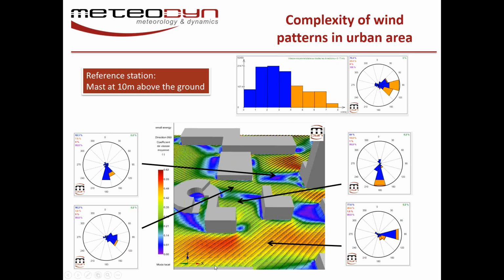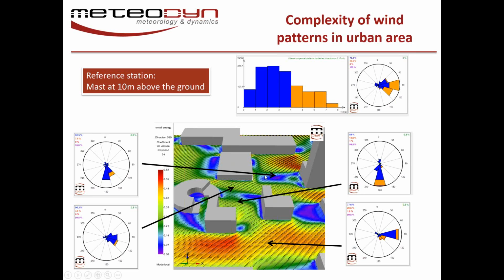Here is the project, and we're going to have a look at wind roses inside the pattern of the urban area. As you see, there are no buildings in between this point and the weather station. So the prevailing wind is still the same, coming from the east. There is no blockage effect.